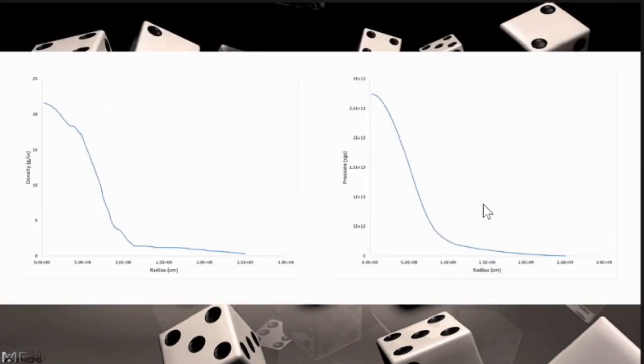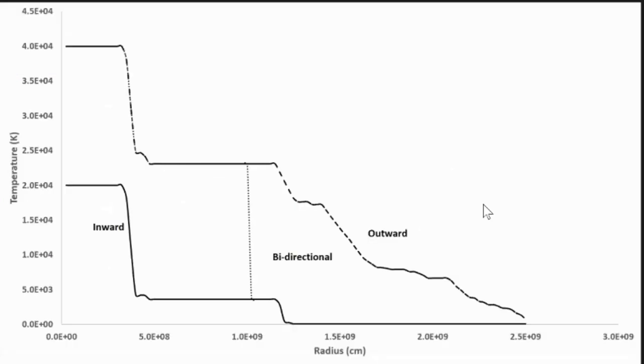So let's see what that looks like. Here is a case. Now you've got a density of 22 grams per cubic centimeter and a pressure of 27, 28 megabars. That's, I think, extreme. And here are the temperature distributions that you get from the inward, the outward, and the bidirectional, which just jumps down to here. So even the inward algorithm wants 20,000 degrees at the center. The outward one, we chose 40,000.